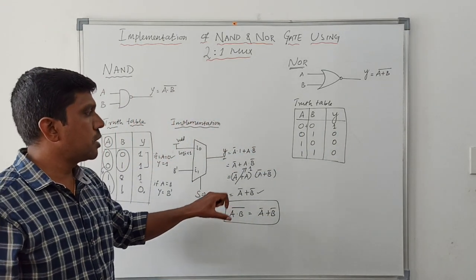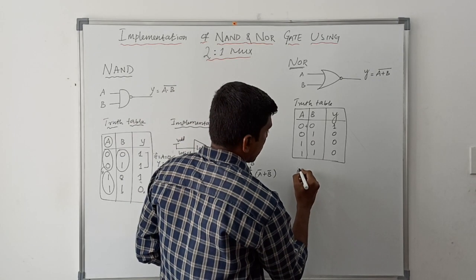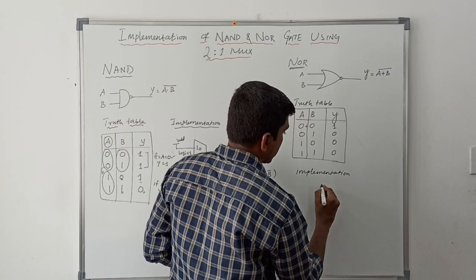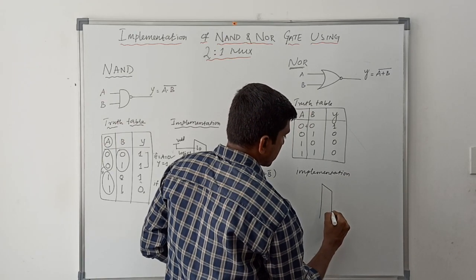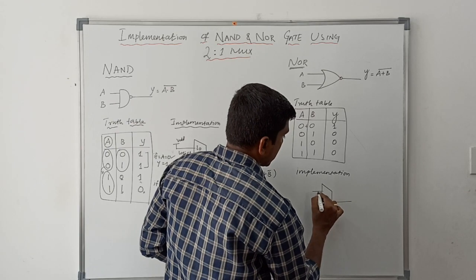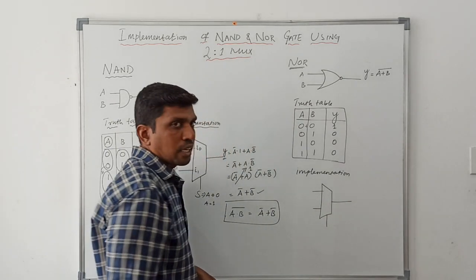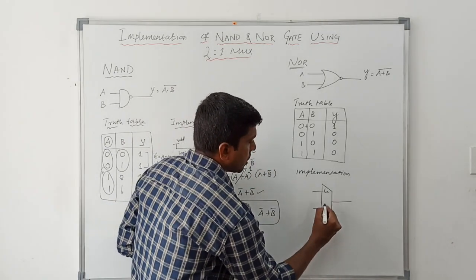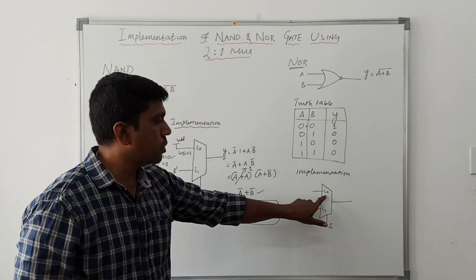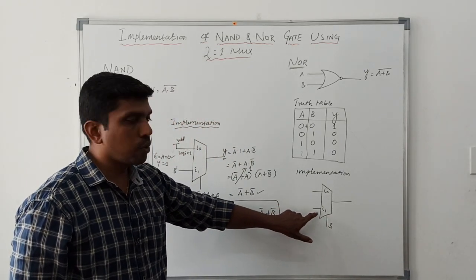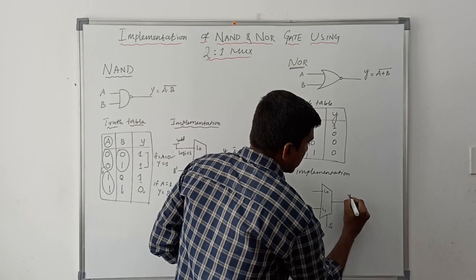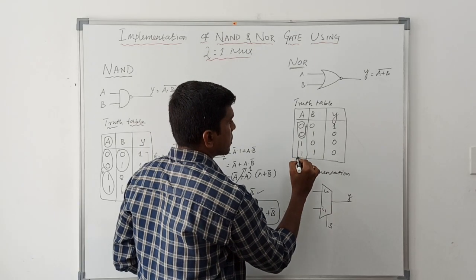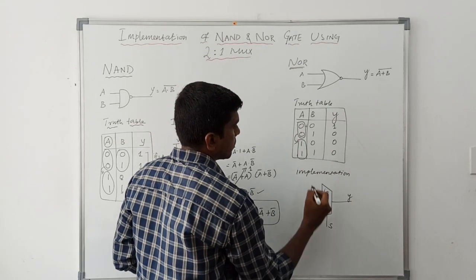Now I am going to design the implementation diagram. It's a 2:1 mux with 2 inputs and 1 selection line. S represents the selection line. I0 is the 0th input of the mux and I1 is the first input. Y is the output. Here A is considered the selection line because it has only one change.